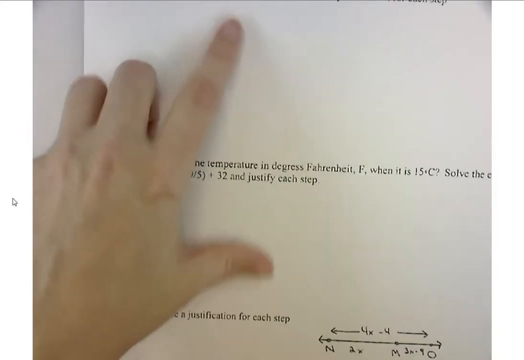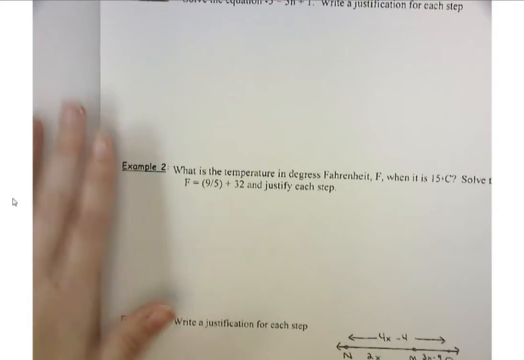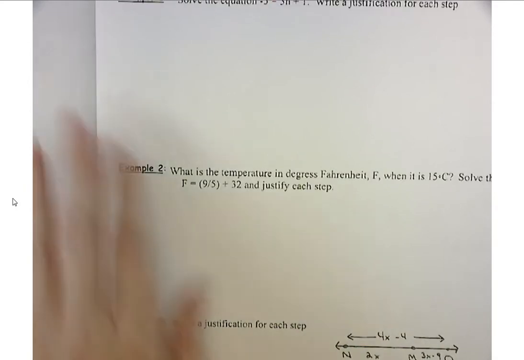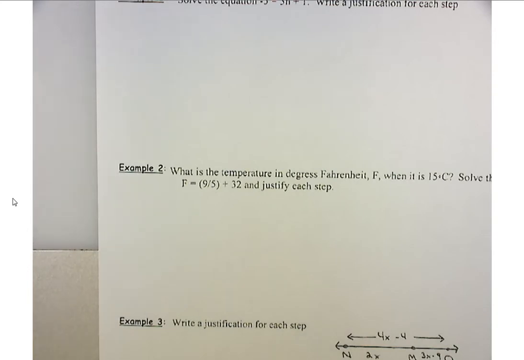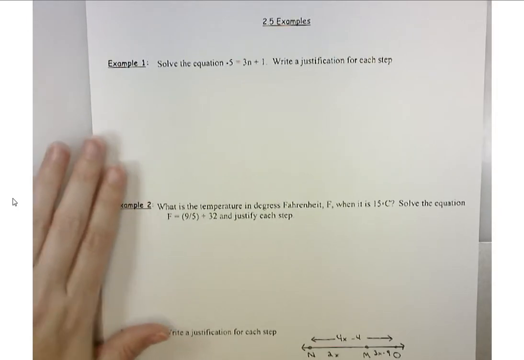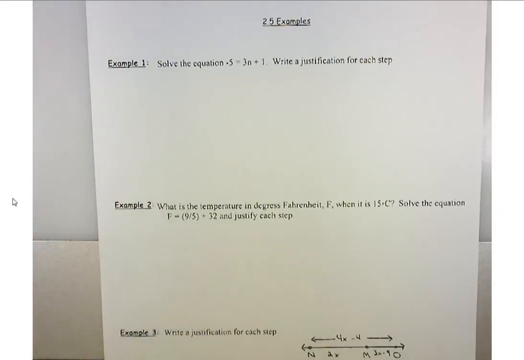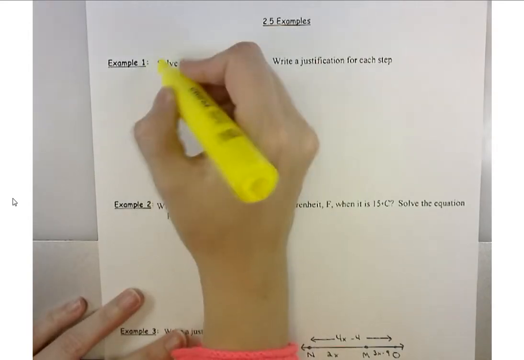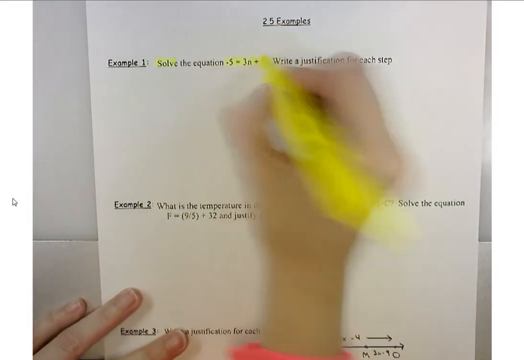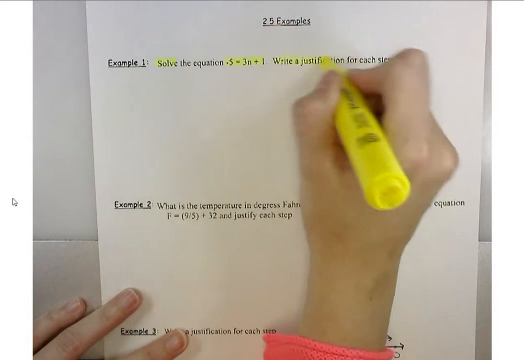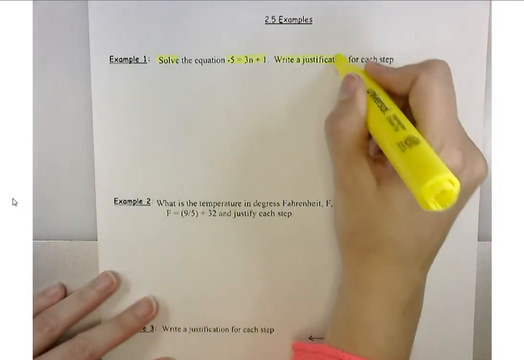So it says to solve the equation -5 equals 3n plus 1, you're going to write a justification for each step. So whenever we do this, we're always going to start with our original equation. Okay, so we're going to solve this, and then we have to write a justification for every step.